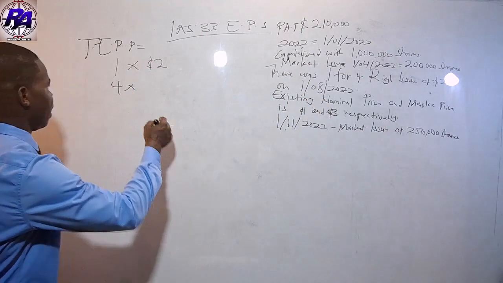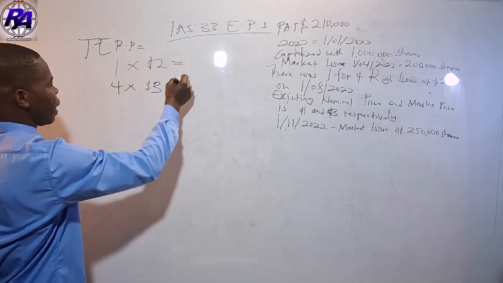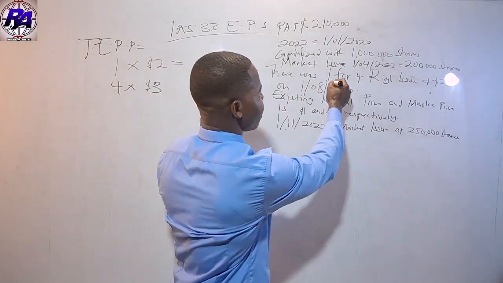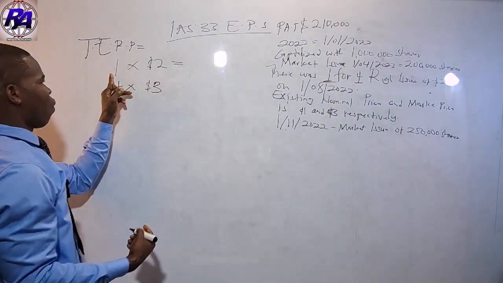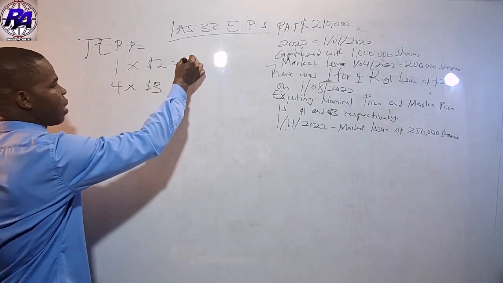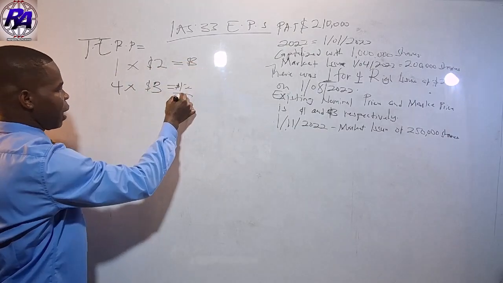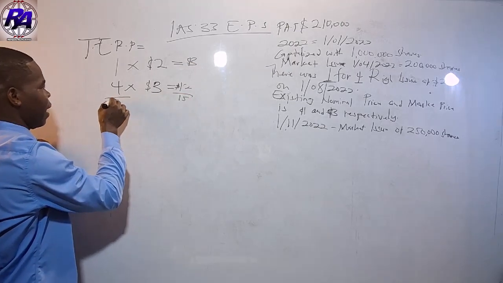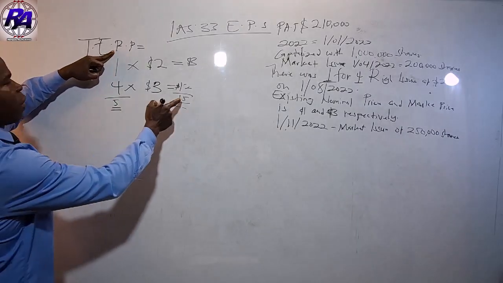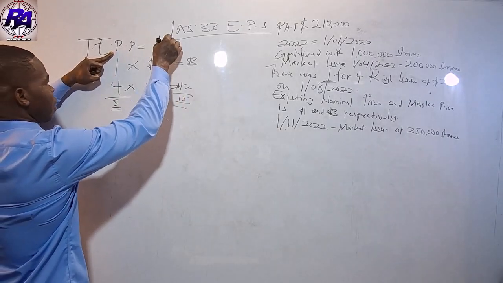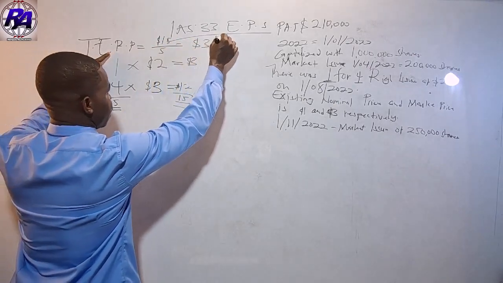Anytime we see it, the 1 goes for new, and the 4 goes for existing. So 1 times 2 gives us $3, and 4 times 3 gives us $12. If you sum this, you get $15 as against 5 shares. So our theoretical ex-right price is going to be $15 divided by 5, which gives us $3 per share.